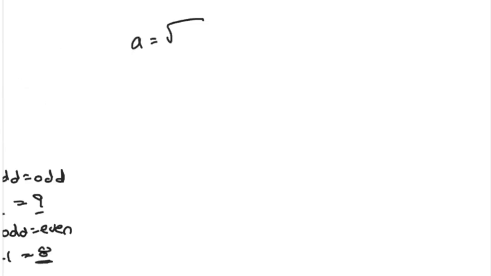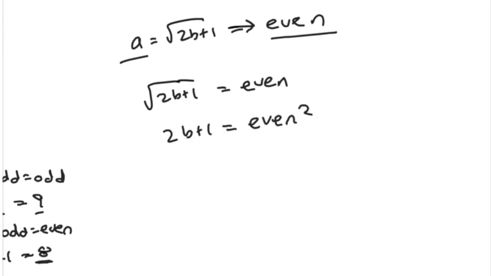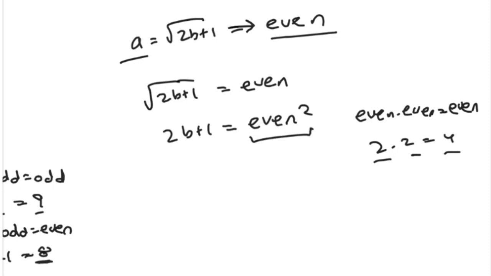Let's let a equal square root of 2b plus 1, and let's say a is even. Then we know square root of 2b plus 1 is some even number. Square it. 2b plus 1 is equal to an even number squared. We notice that the even number squared will be even because even times even is even, right? For example, 2 times 2 is equal to 4. All of these are even. So we know that this number here is some even number. Suppose we subtract 1. 2b is equal to even number squared minus 1.